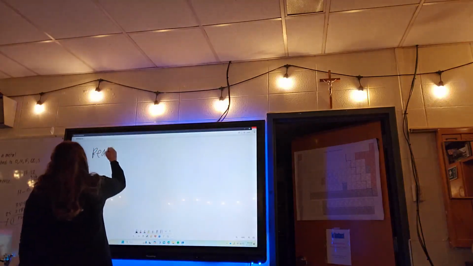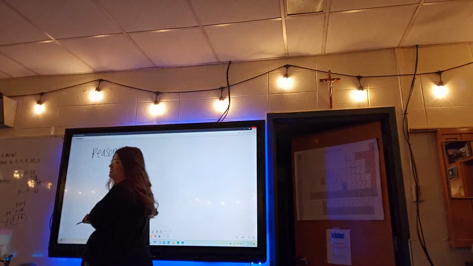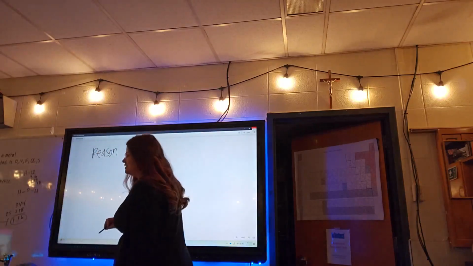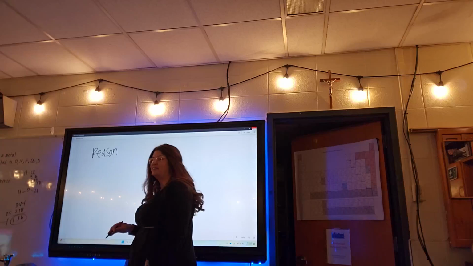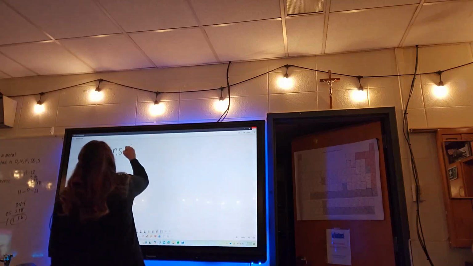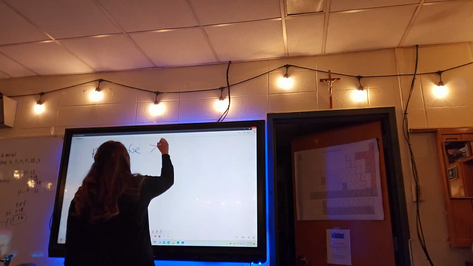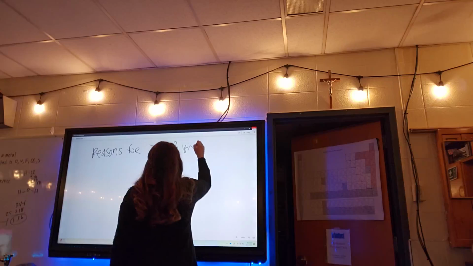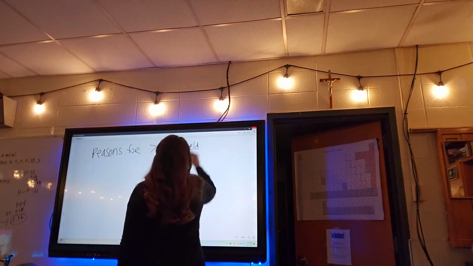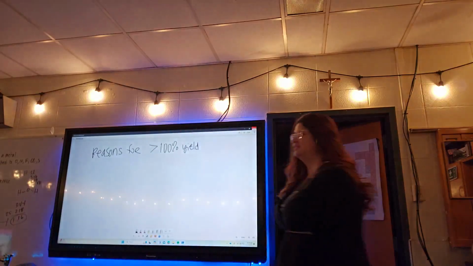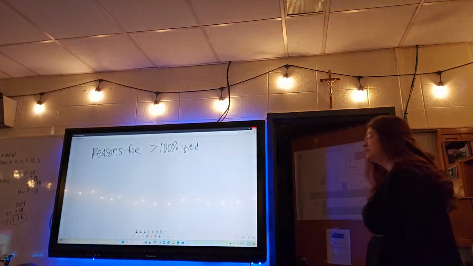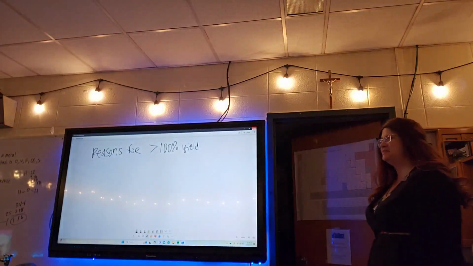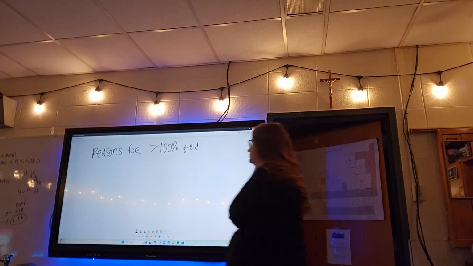So just because you get more than 100% yield doesn't mean that you're some super scientist who has cracked the law of conservation of mass code. It means that there is some error in your work someplace. It doesn't mean that you have invented matter.